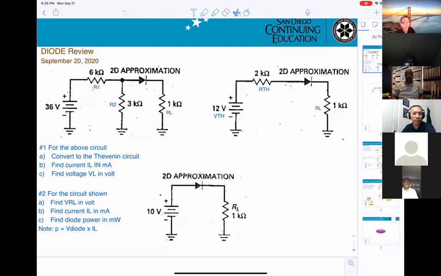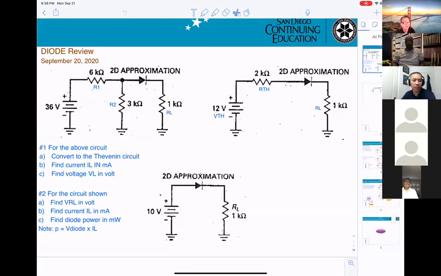Should be on. Yeah. The thing is you get 36 volts here, and the other side will be ground. It must be greater than 0.7. So the diode will be on. Okay, so now, when it's on, it will be substituted by 0.7 volt.